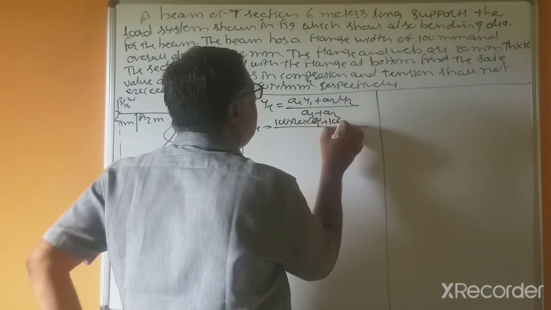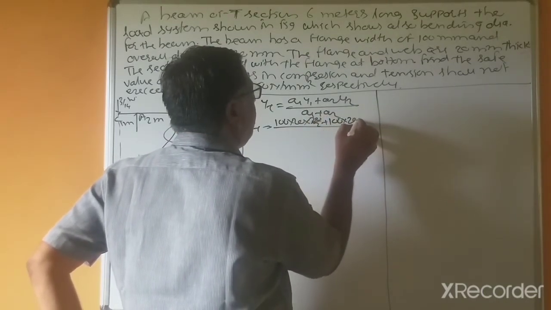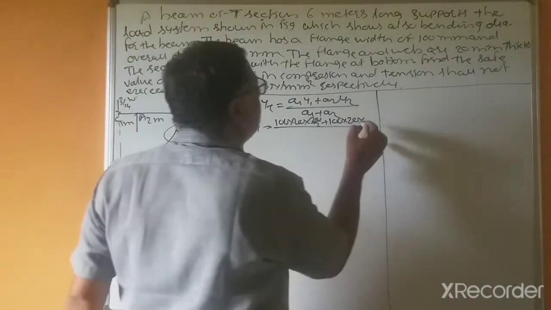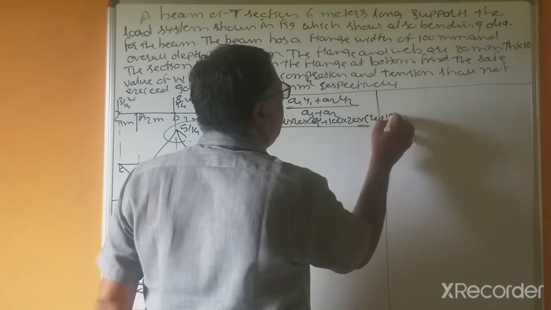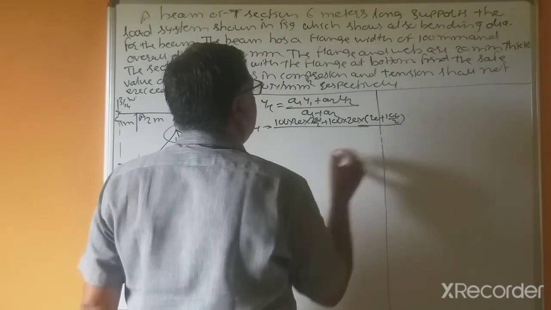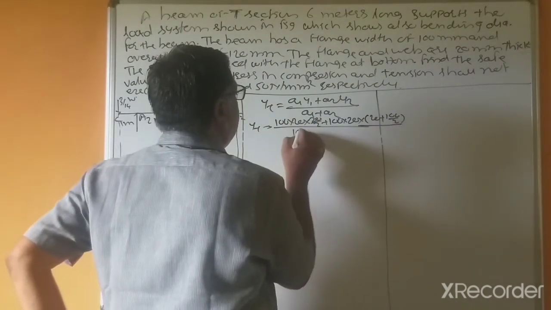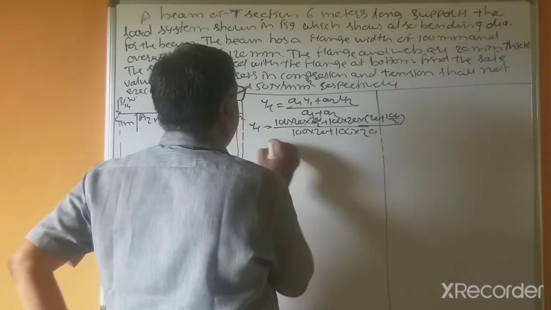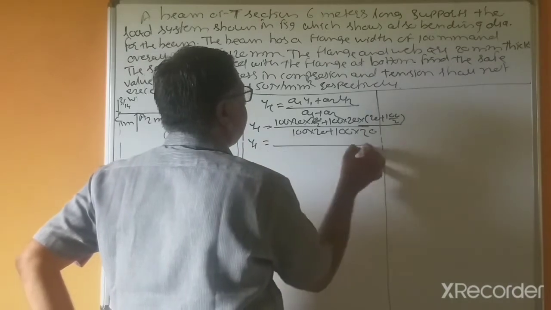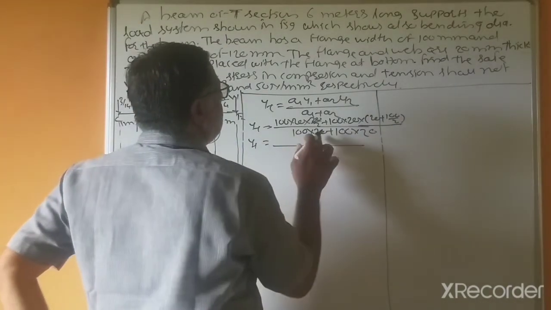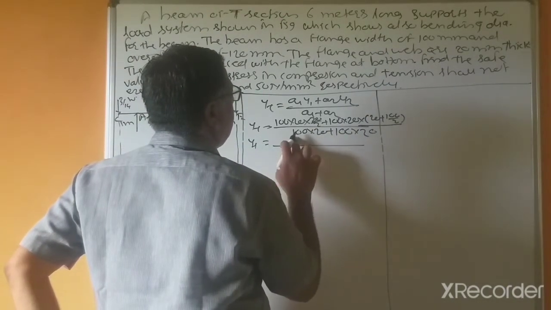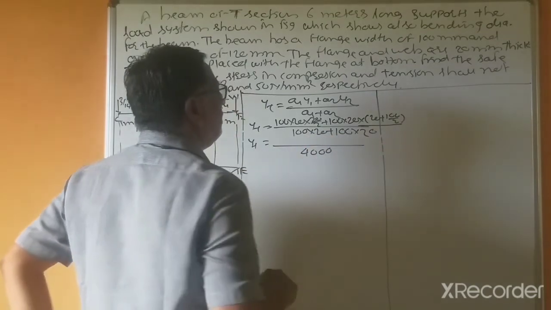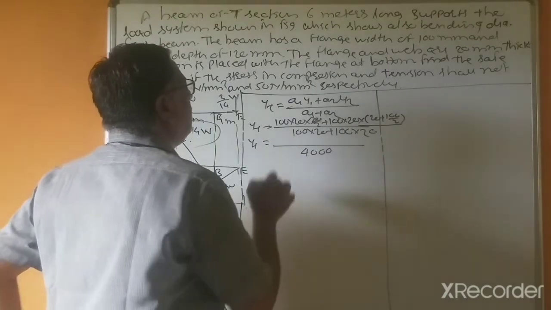Again this is 80 into 20 into, now this 20 plus 100 divided by 2, divided by 100 into 20 plus 100 into 20. So this is 4000, right?